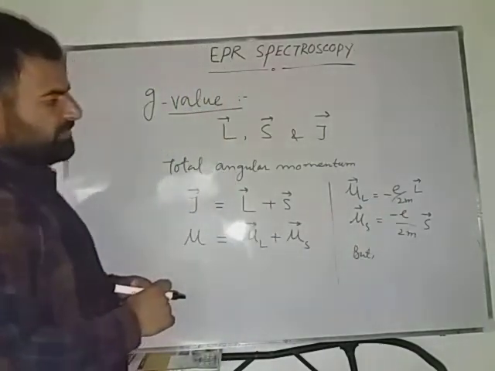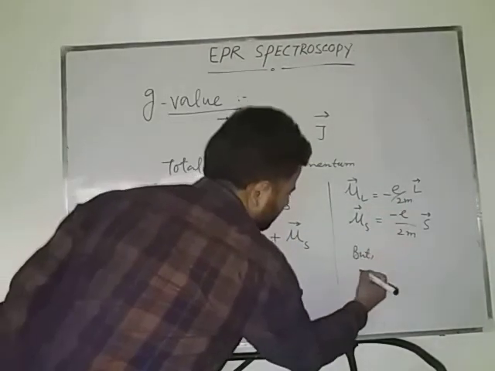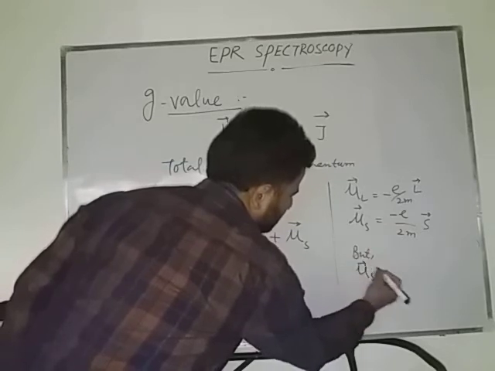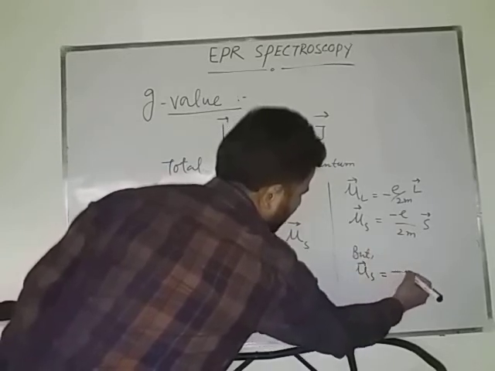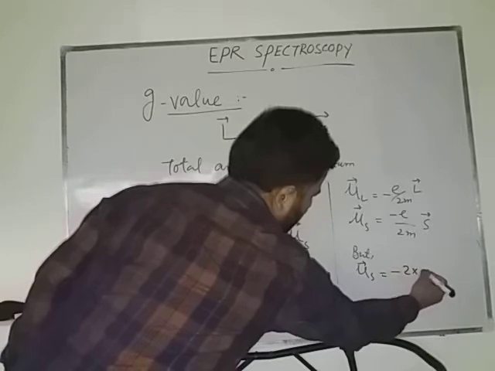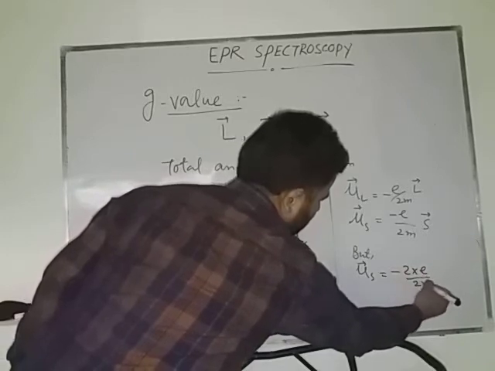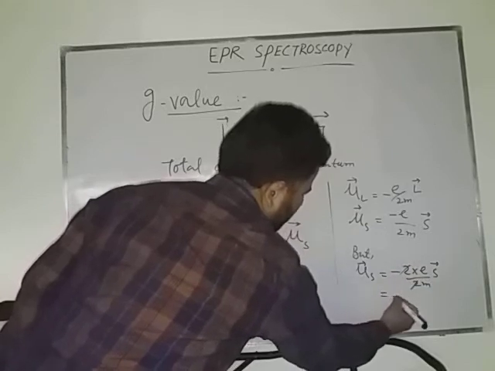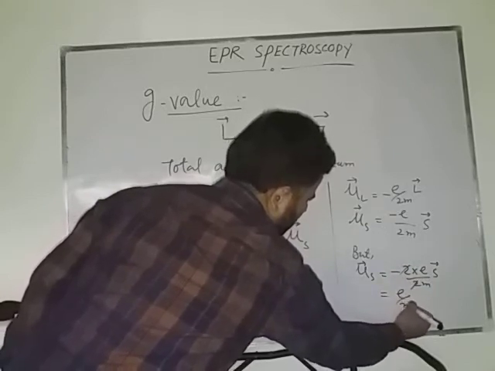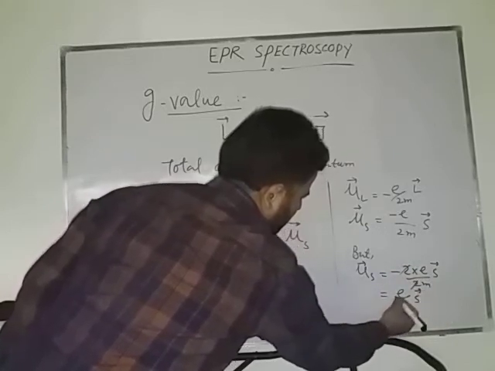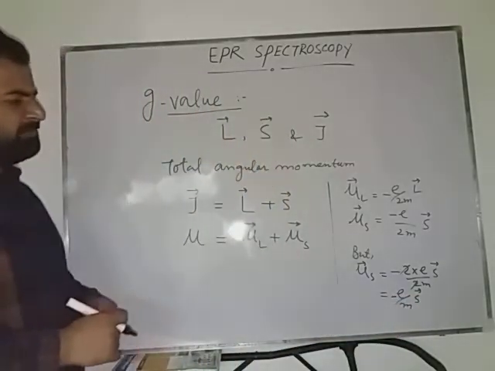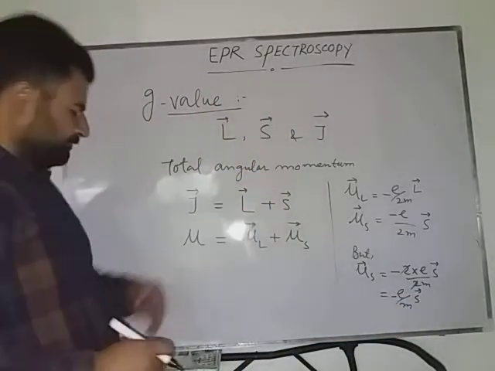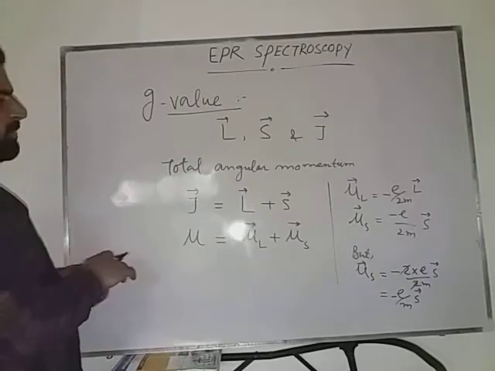So mu S is equal to minus 2 multiplied by E divided by 2m into S. The 2 and 2 will cancel, and it will be equal to minus E by m S.